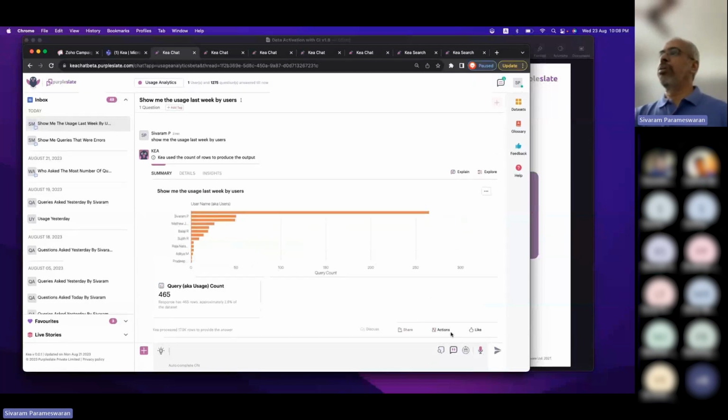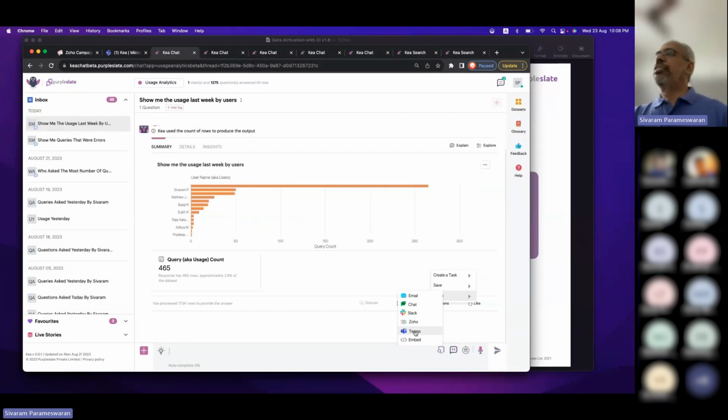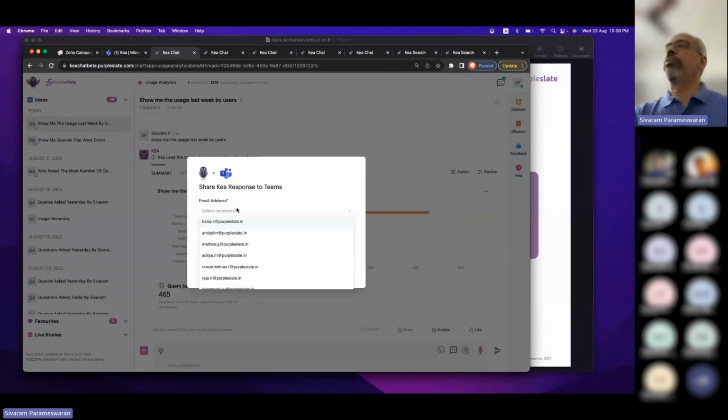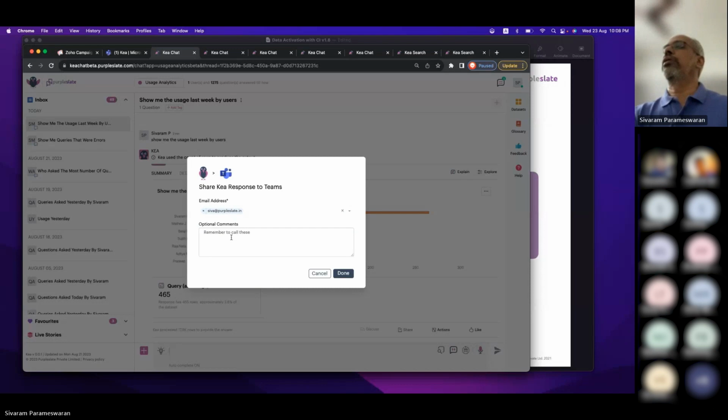What I can do is post them internally; we use Teams. I can just say, hey, let me share this. I'm just sharing it for myself. So I'm just adding a note and then posting it in Teams.